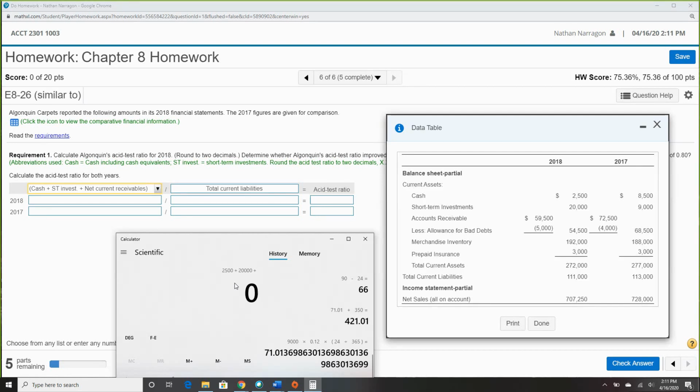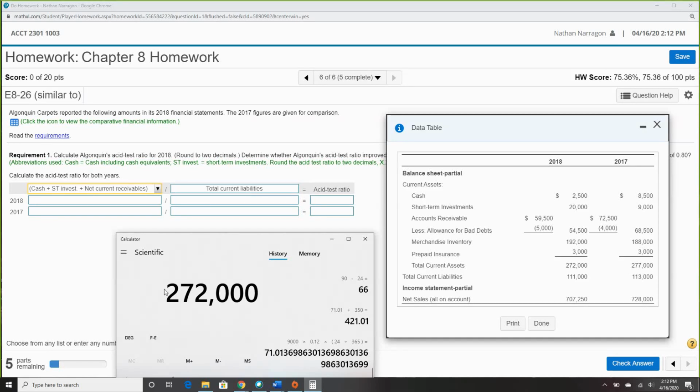Alright, so let's just take 272 since that is your complete receivables. Again, cash, and if they're doing net, it would be subtracting these two out of the total, which still ends up being the total. Okay, just going to go with it.